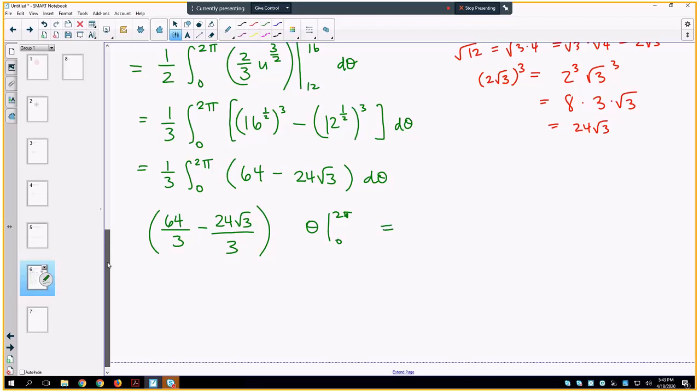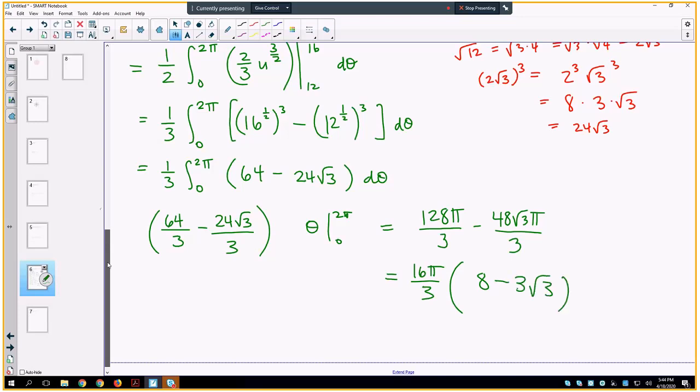So this is really going to be 128 pi/3 minus 48 square root of 3 pi/3. And that's where I'm able to take out the 16. So 16 pi/3 can come out. And I'm going to have 8, because 8 times 16 gives me 128, minus 3 square root of 3. So that's probably about as nice as I can get my answer to look.